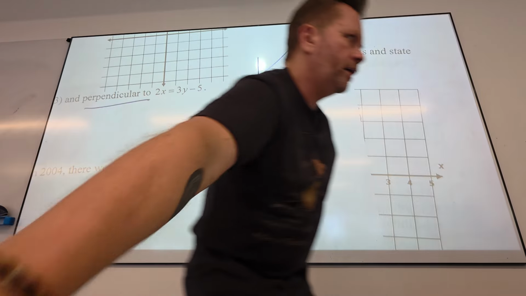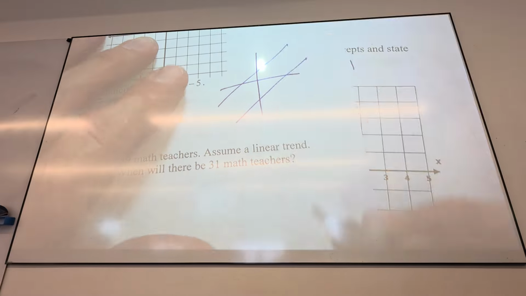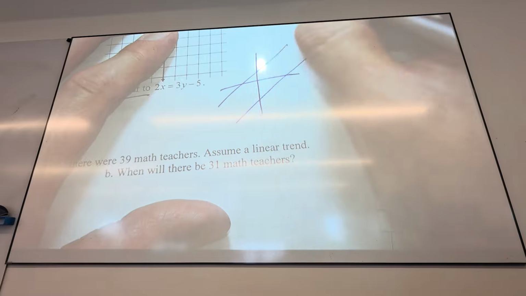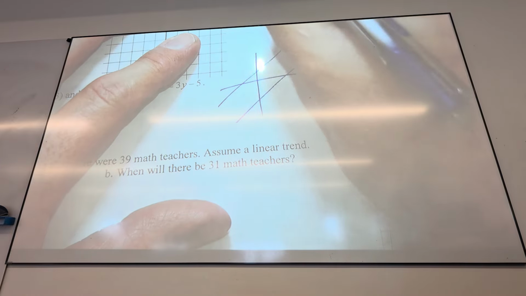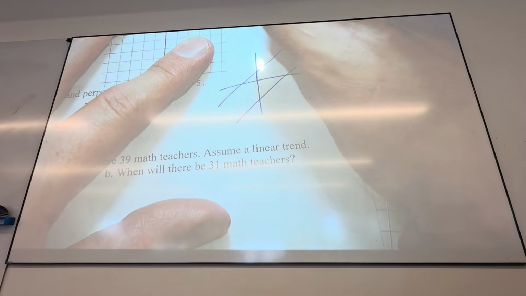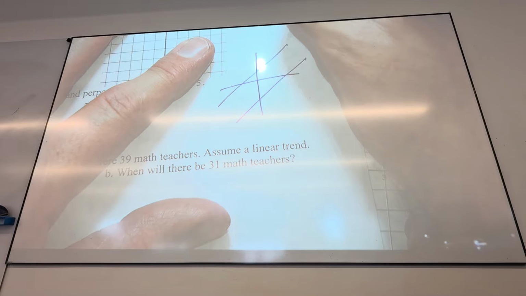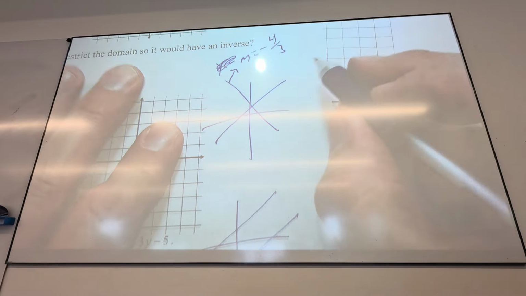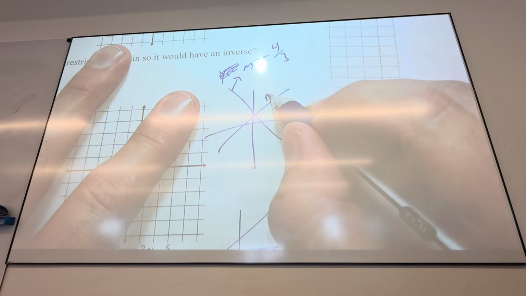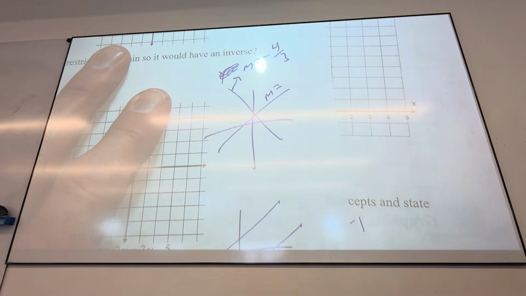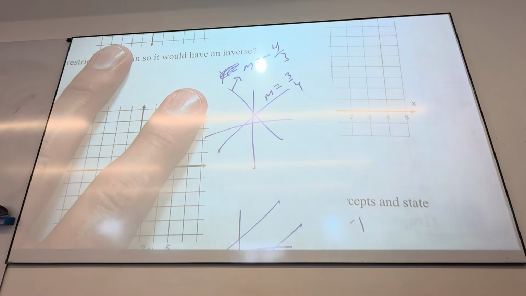If one line's slope is negative 4/3, what is the slope of the other line? Completely opposite: change the sign and flip it. What do you get? 3/4. So if you know one line's slope, what is the perpendicular line's slope? Completely opposite. Change the sign and flip it.